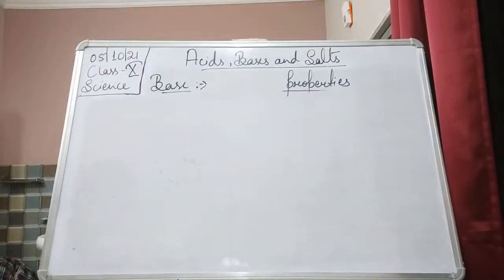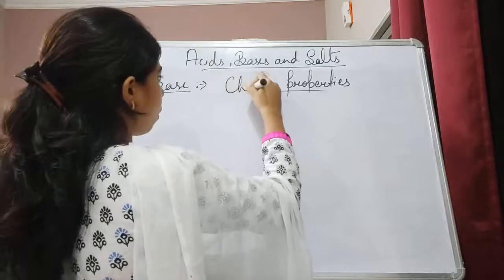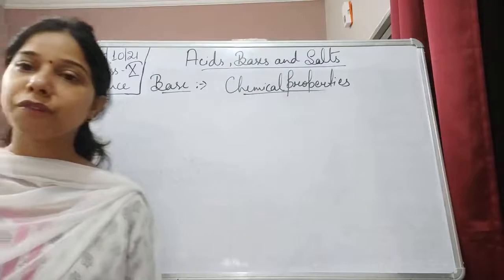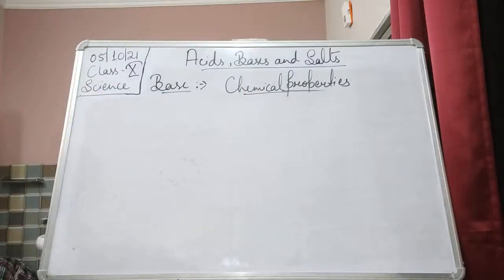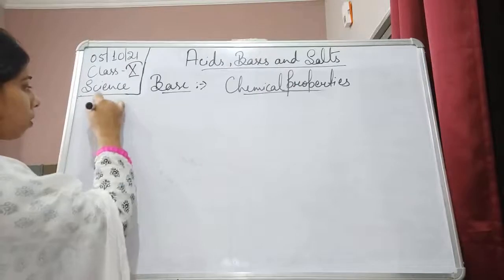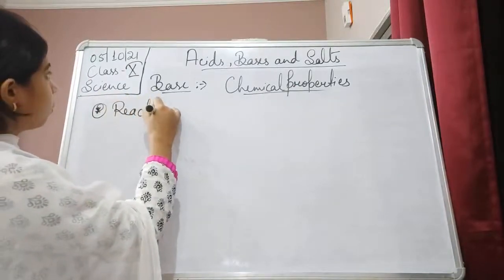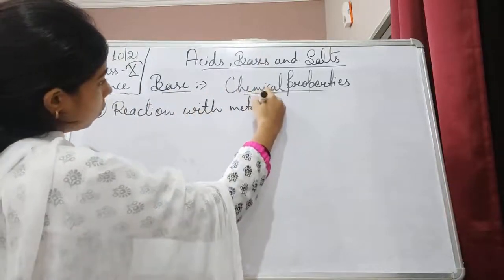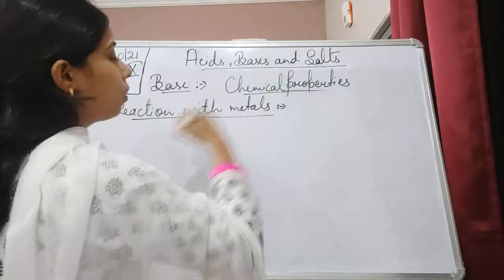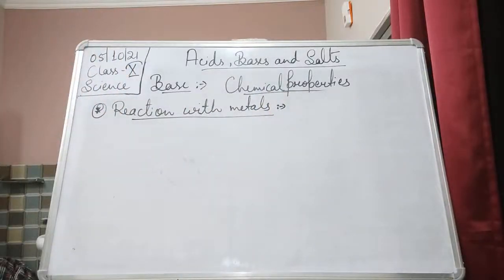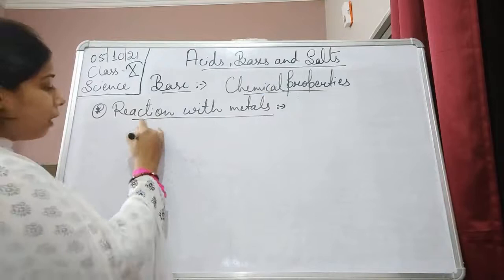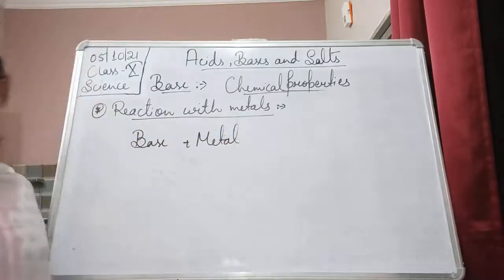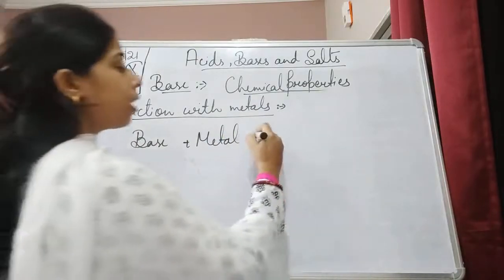So, chemical properties of the bases. The first one is the reaction with the metals. Bases generally react with the metal to form the salt, and hydrogen gas is released.